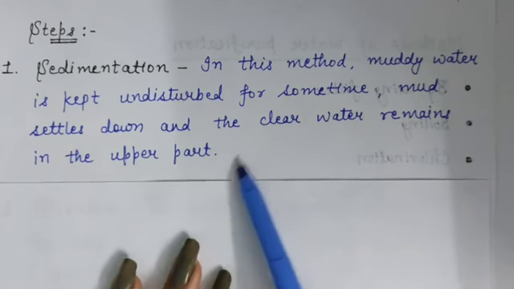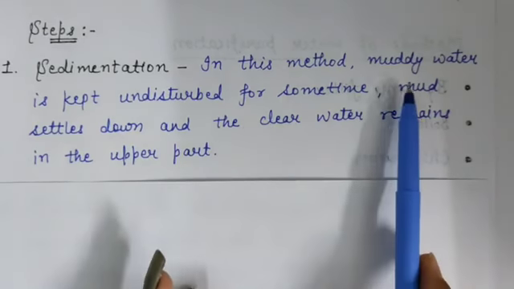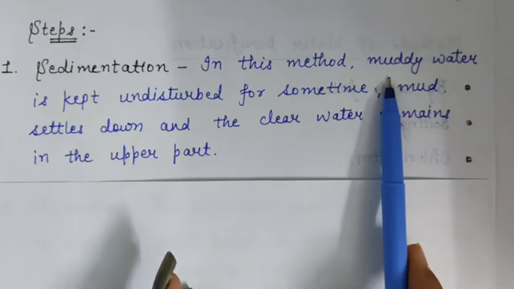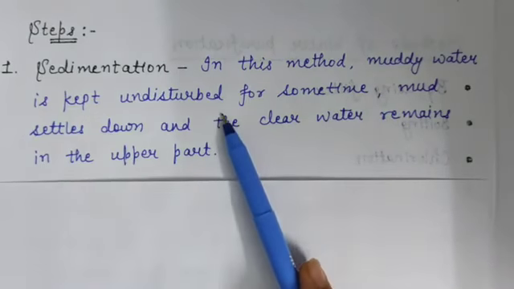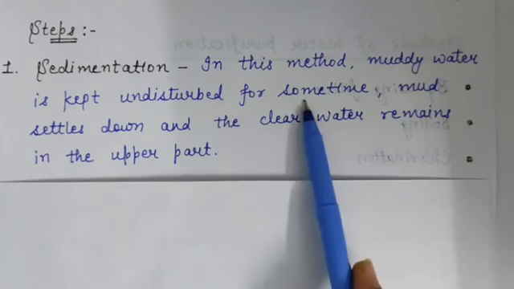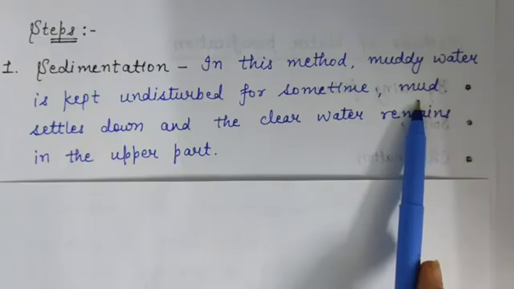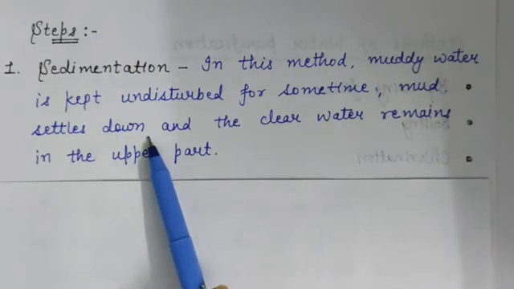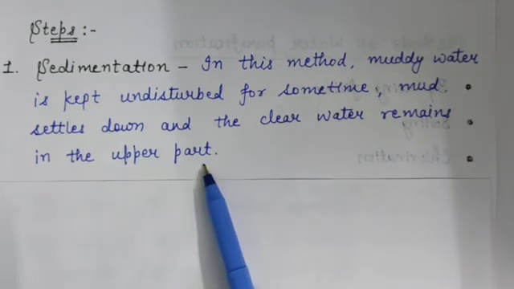Means, what does it mean? That if we take the muddy water in a container, then keep it undisturbed for some time. When you keep it undisturbed for some time, then you will see after some time that the mud, means sand or the heavy particles, settles down in the container and the clear water remains in the upper part.